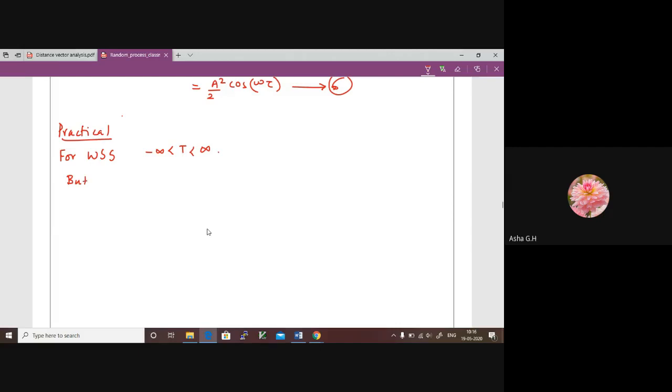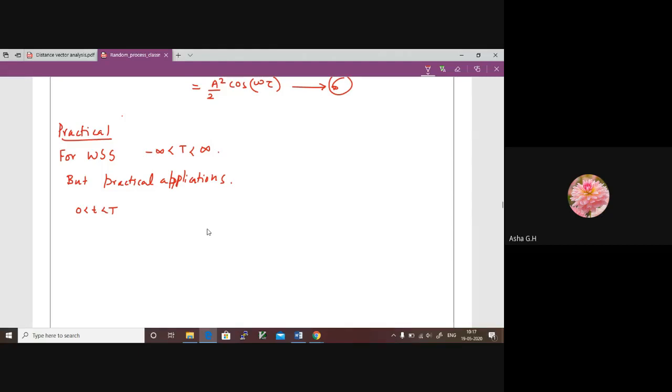For practical applications, we can limit the time period. Let us say the time period is between 0 to T, instead of minus infinity to plus infinity.